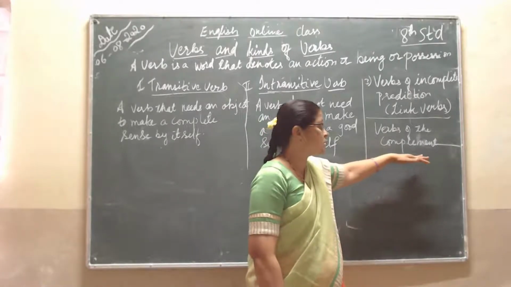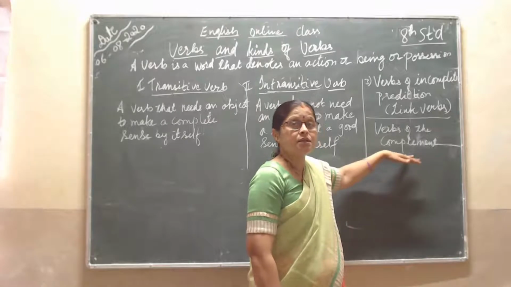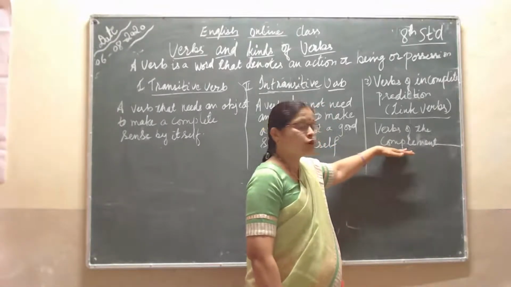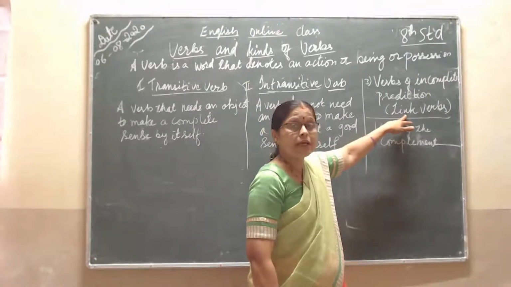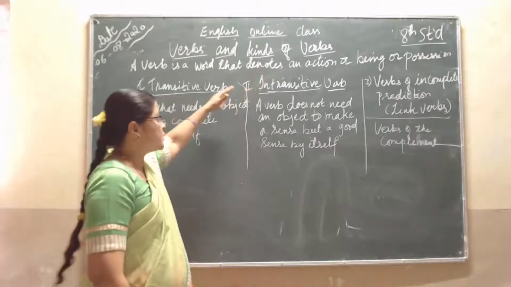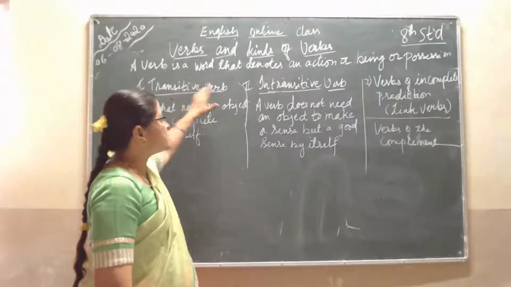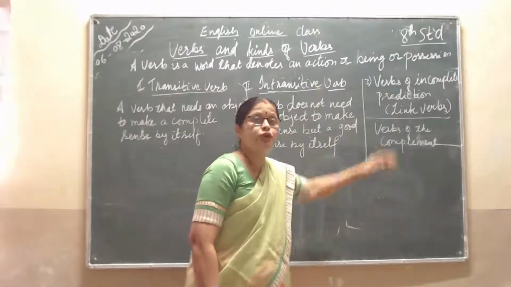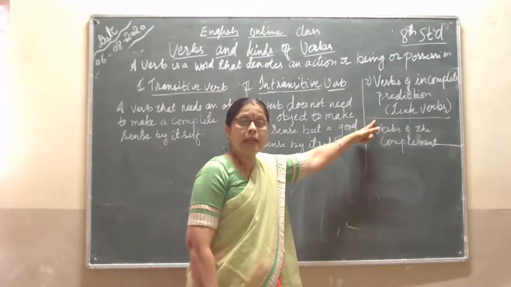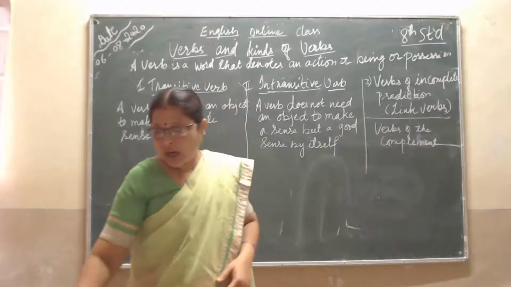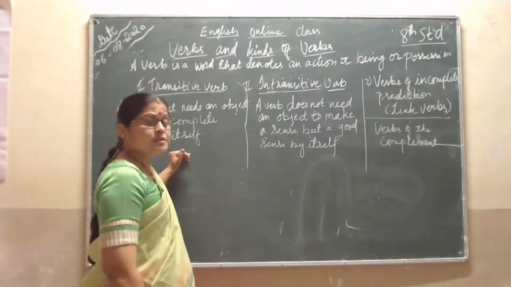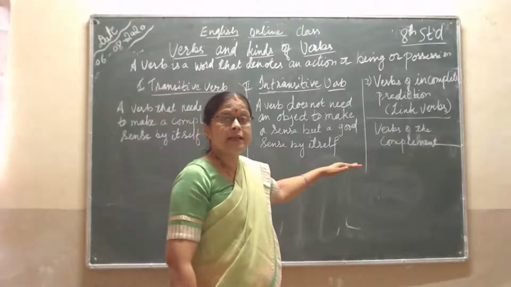Without using these words, a meaningful sentence cannot be made. Such words are called link verbs. So three kinds of verbs are there: transitive verbs, intransitive verbs, and the verbs of incomplete predication, which are link verbs.